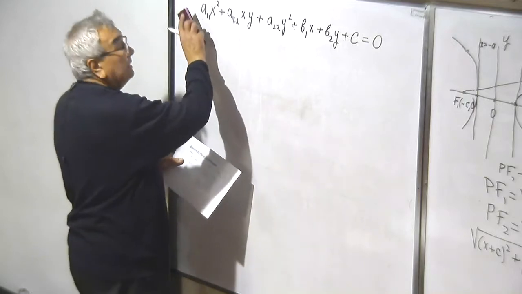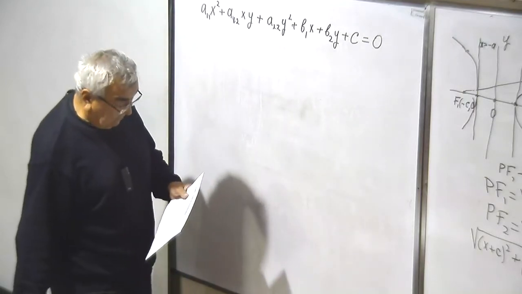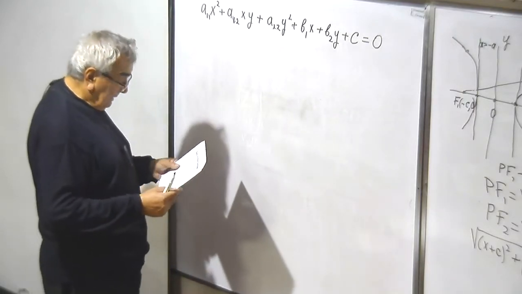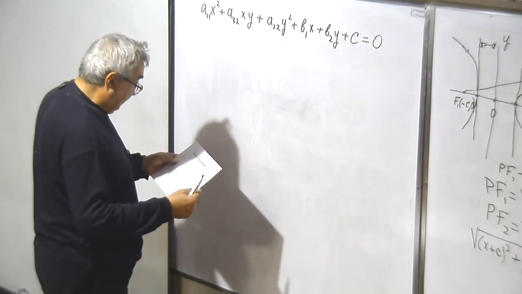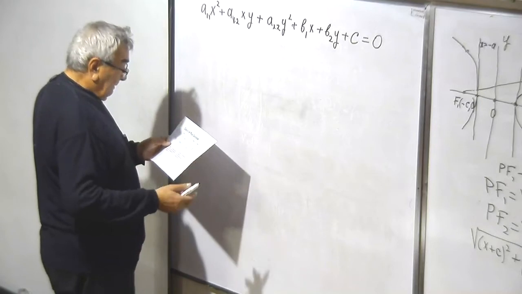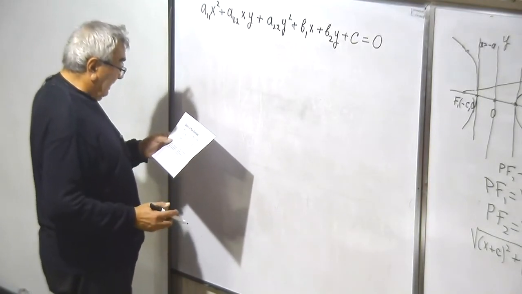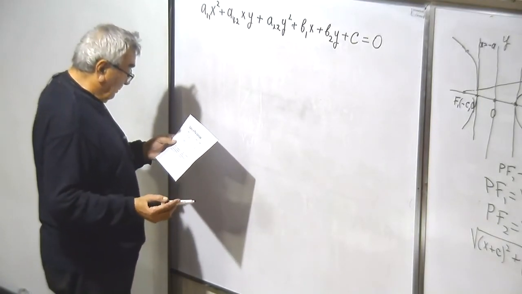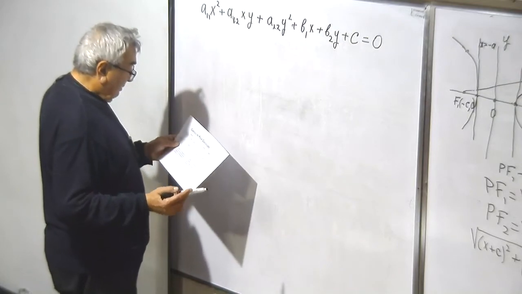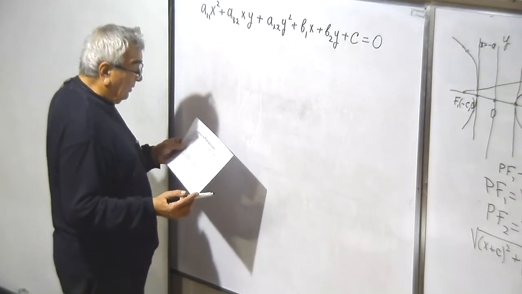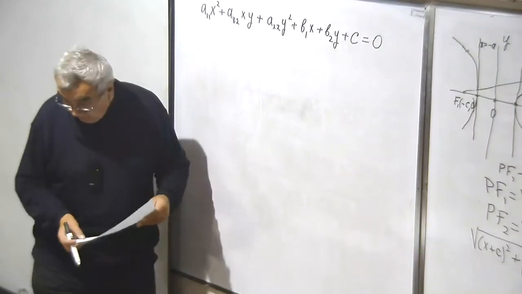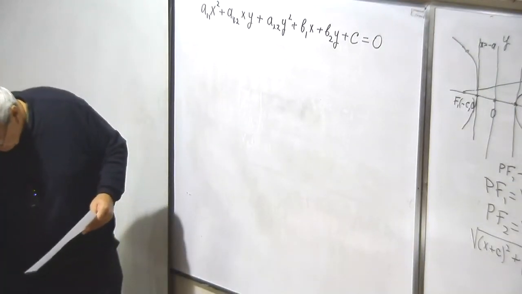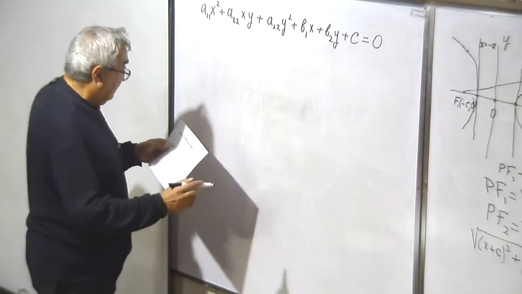I will consider the polar coordinates, but initially I will show you what the directrix will be for the parabola, for the ellipse, and for the hyperbola.